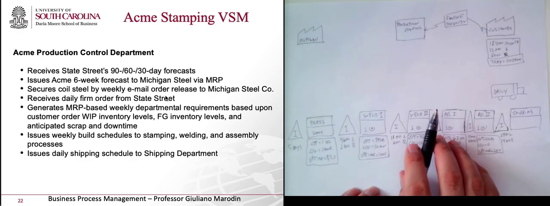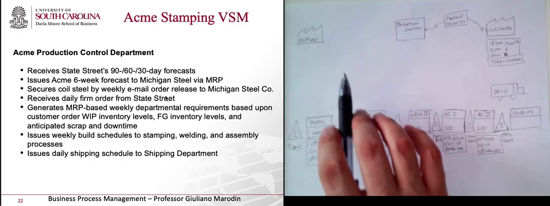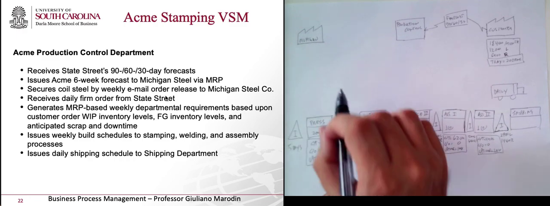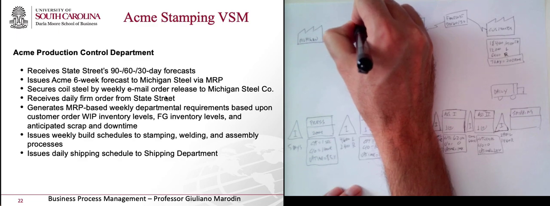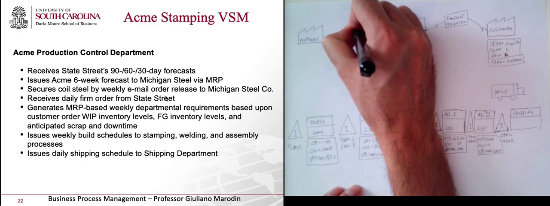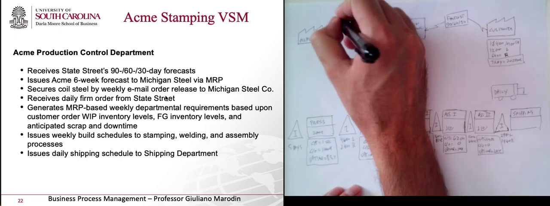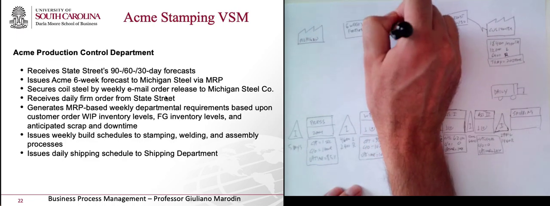And then they issue a forecast to their supplier. So, 6 weeks forecast here.